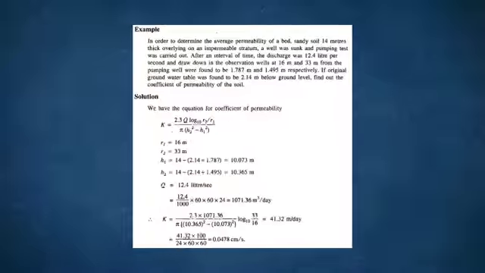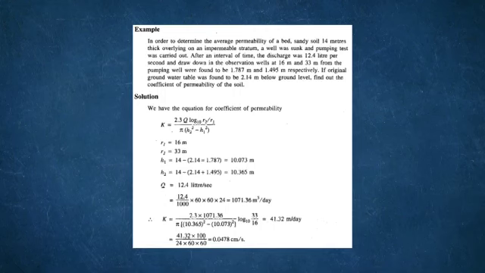Here is another example. In order to determine the average permeability of a bed, sandy soil 40 meters thick overlaying an impermeable stratum, a well was sunk and a pumping test was carried out. After an interval of time, the discharge was 12.4 liter per second and the drawdown in the observation wells at 16 meter and 33 meter from the pumping well were found to be 1.787 meter and 1.495 meter respectively.